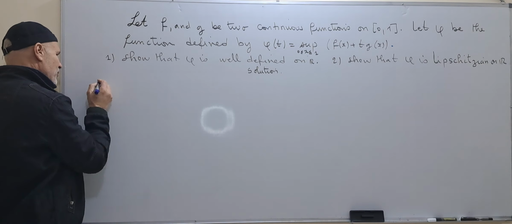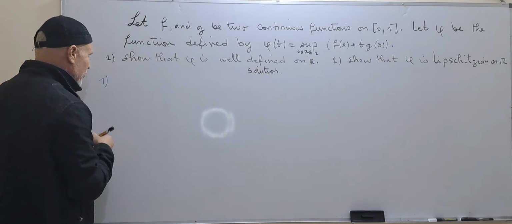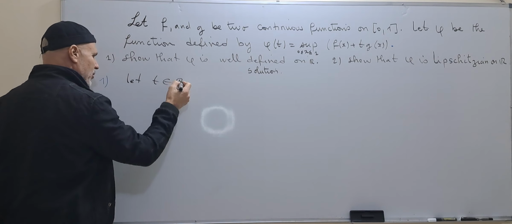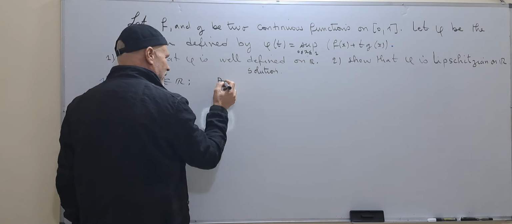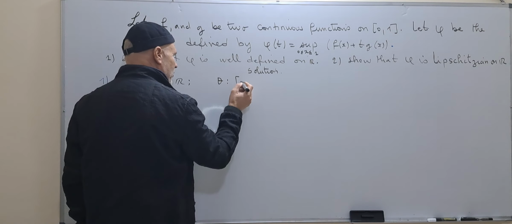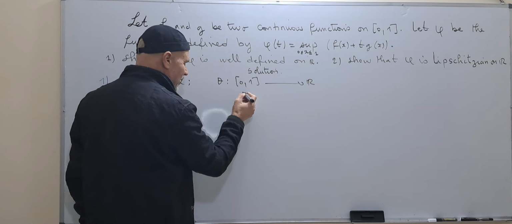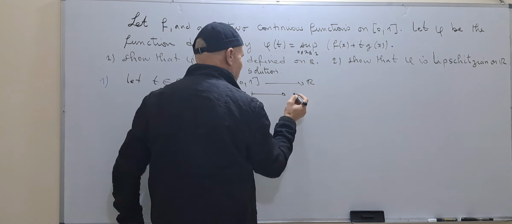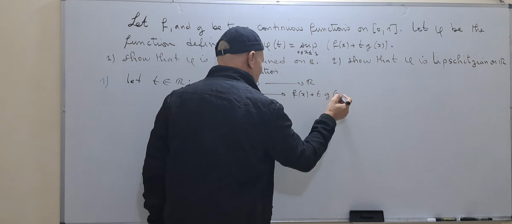Solution, first question. Let t be a real number, and consider the function theta from [0, 1] into R such that to x we associate f of x plus t g of x.